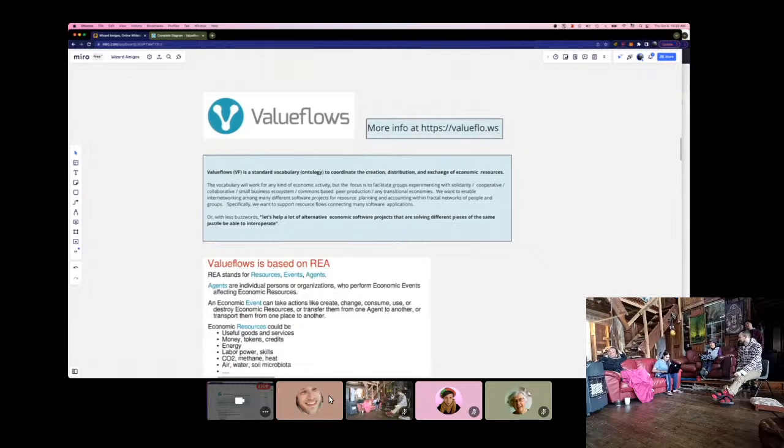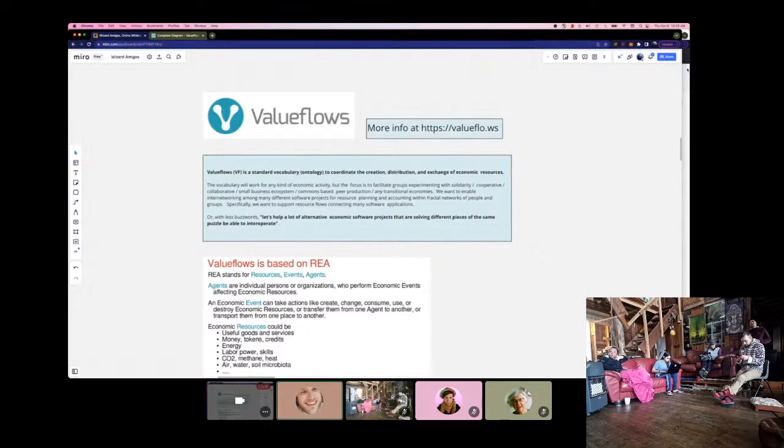I'm going to assume no prior knowledge of Valueflows. So we'll start at square one, and I'll go through a little bit of the vocabulary and some of the common terms that we use to describe Valueflows. Then, building on top of that, we'll look at some patterns that emerge from that vocabulary.